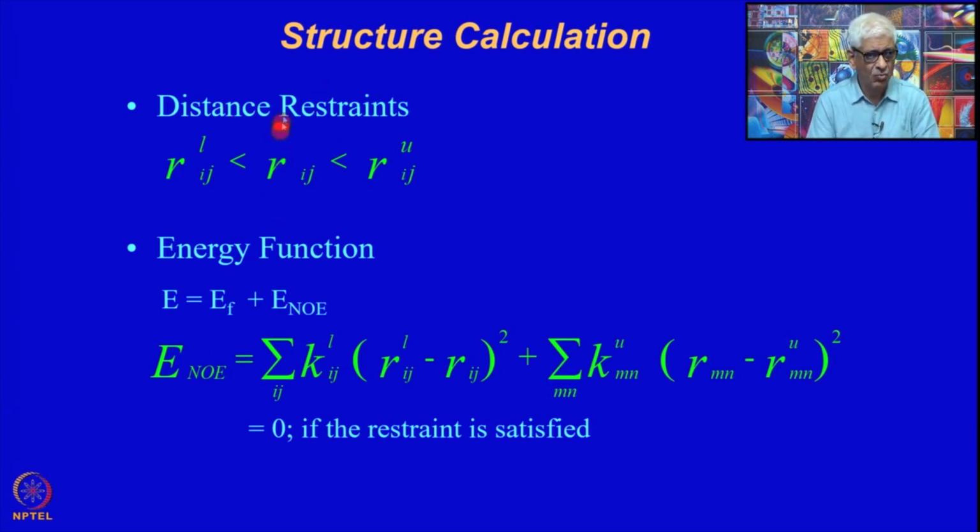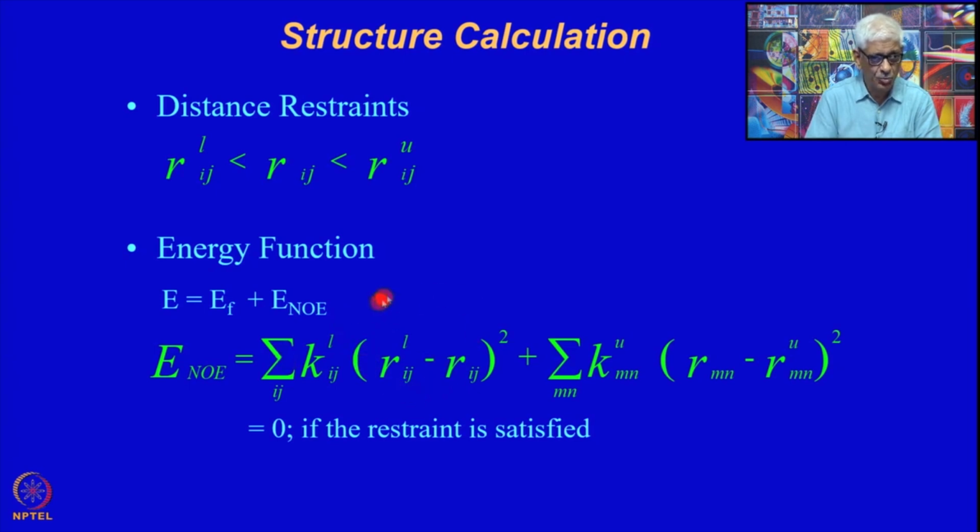Then, you do a calculation to calculate the energy of the whole molecule. Your energy consists of two components. One is the so-called intrinsic energies: the various bond distances, bond angles, torsion angle energies and things like that. Then you have the NOE potential, an artificially introduced potential, and that is defined in this manner. So, you have two components to it.